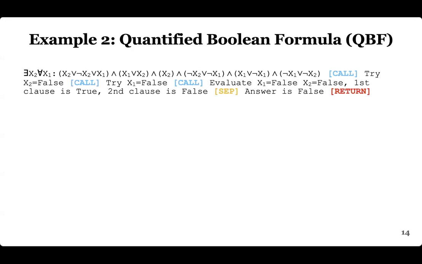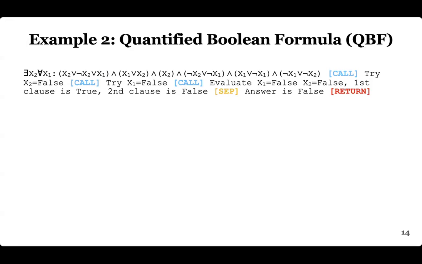Let's first try x2 equals false, which is a simpler question because we can just substitute the value false into this Boolean formula, and this is a sub question. And still, we don't know the answer. So let's try x1 equals false, which now we can calculate. Now we can calculate if the Boolean formula is true. It is false.